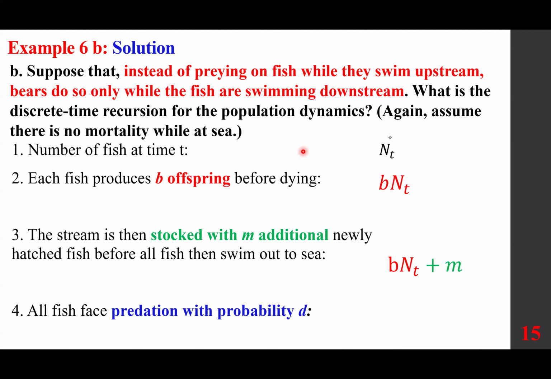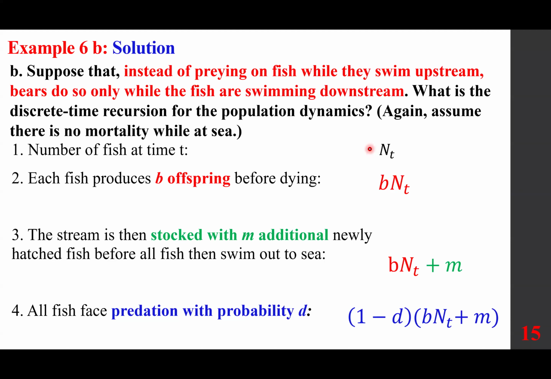So number of fish at time T. Each fish produces B offspring. The stream is then stocked with M additional newly hatched fish before all fish then swim out to sea. As they swim out to sea, predation happens, and this percentage will be gone. So 1 minus D times this. A quick recap. How many do we have?